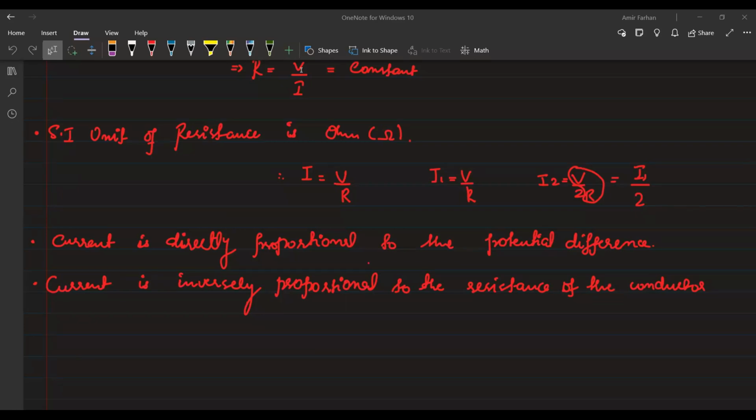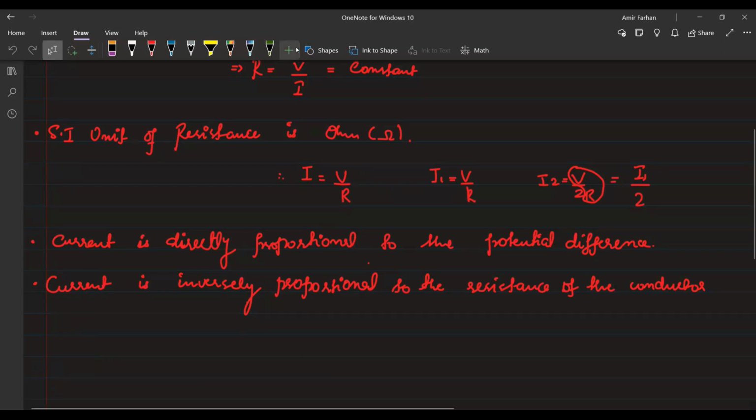So, how many of you have done the revisions of the previous four topics that we have covered so far? Electric charge, potential difference, electric current, and Ohm's law. How many of you have done that revision? Yes, Shweta did. Very good. What about the rest?